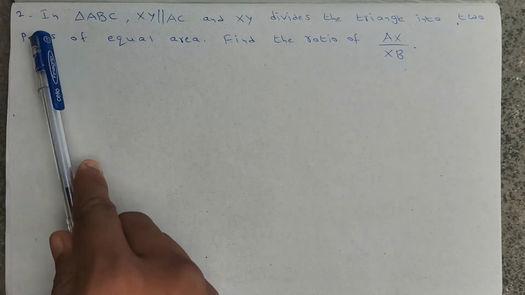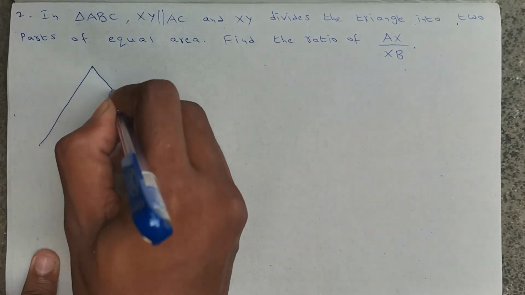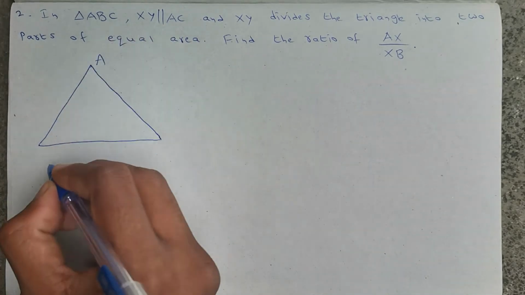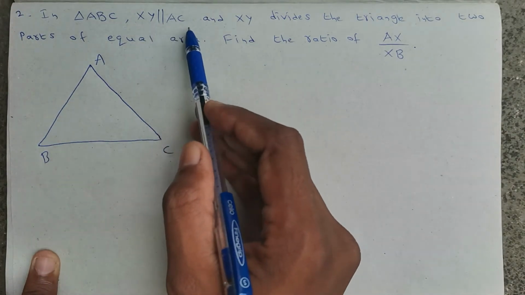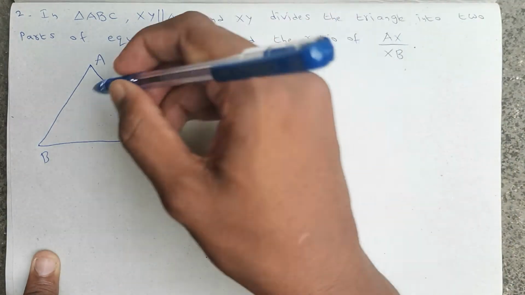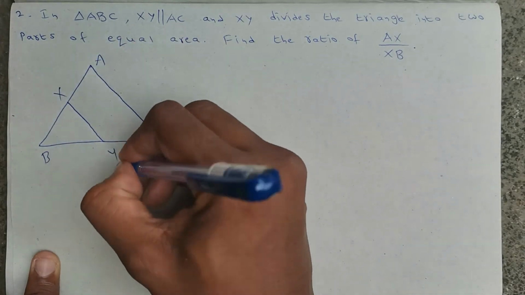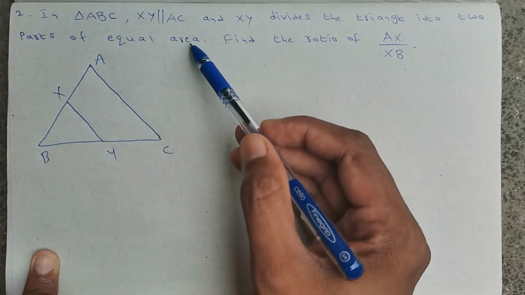Next, question number 2. In triangle ABC, XY is parallel to AC. Parallel to the line AC, one more line is there, which is XY, which divides the triangle into two parts of equal area.